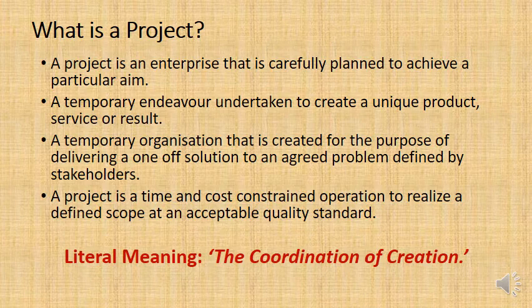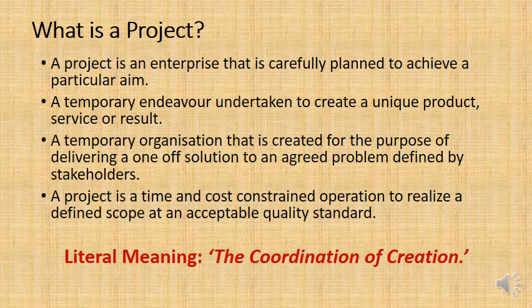Another term for project is that it's referring to the people who deliver that temporary product. So it will be a temporary organization of people and resources that is created for the purpose of delivering a one-off solution to an agreed problem defined by stakeholders. So we'll talk about that in time, but there are hundreds or thousands of stakeholders involved in any civil engineering project.